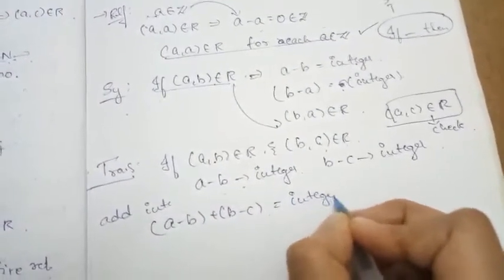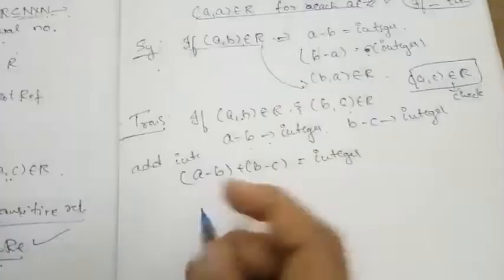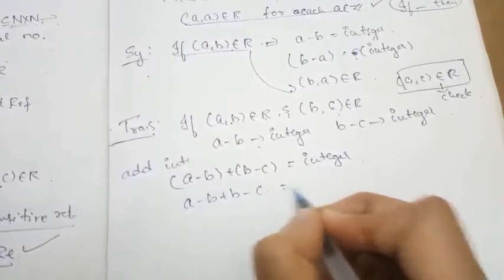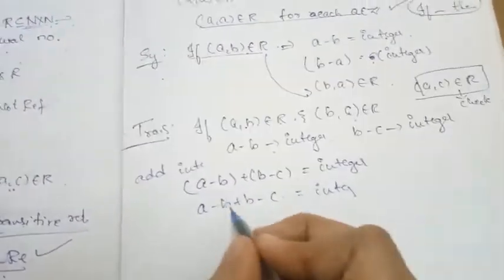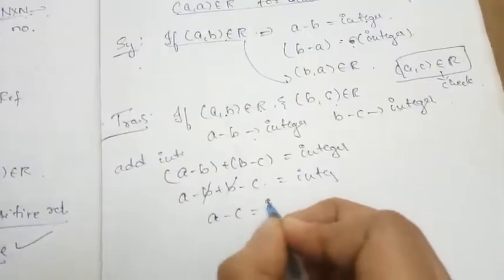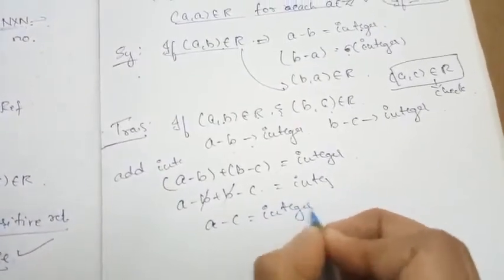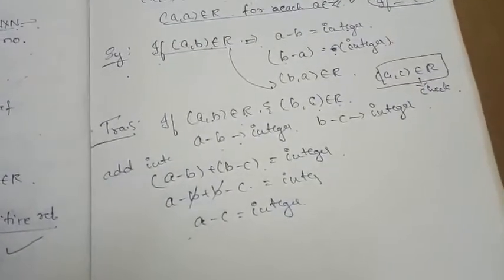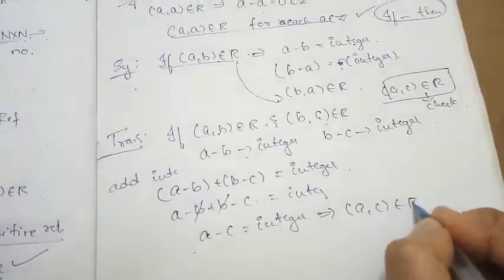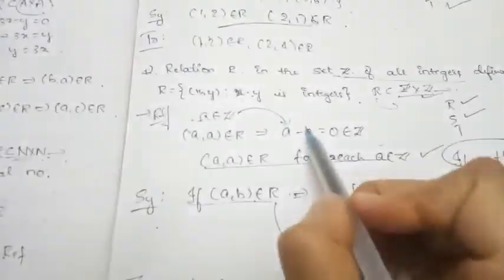I get an integer. So a minus b plus b minus c is an integer, where plus b and minus b cancel. What we got is a minus c is an integer. So if a minus c is an integer, what does that imply? (a, c) belongs to the relation, right? What was that relation saying?